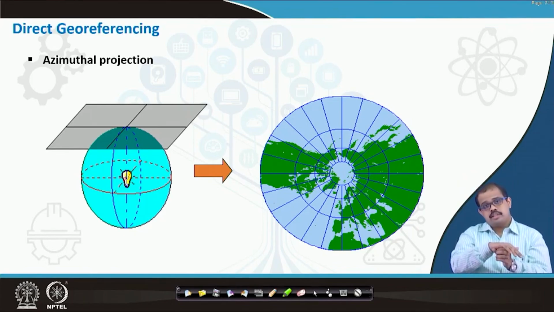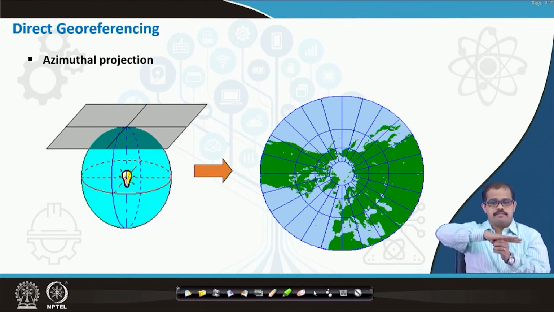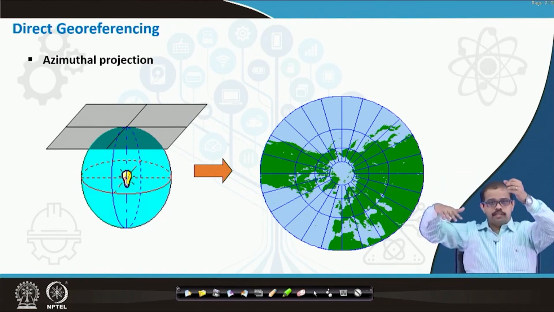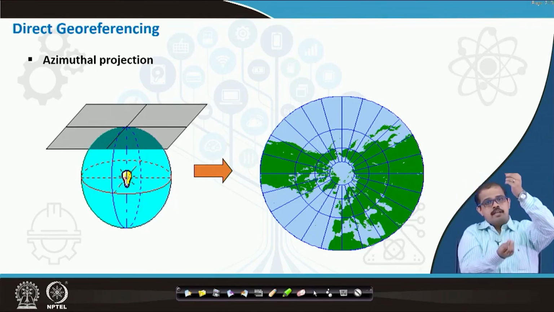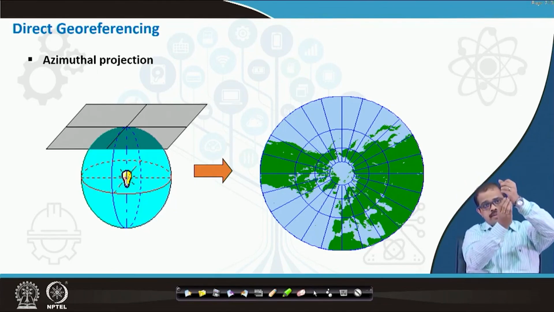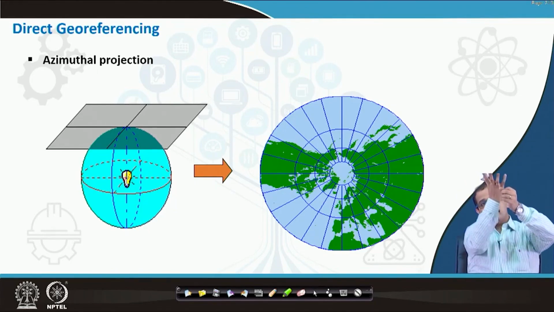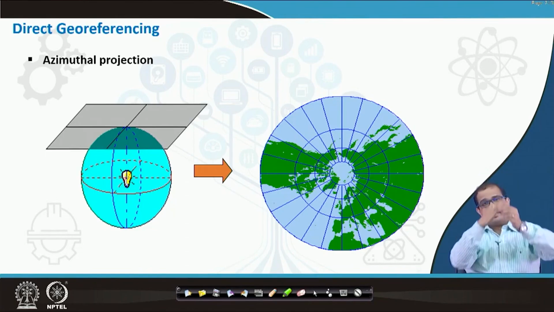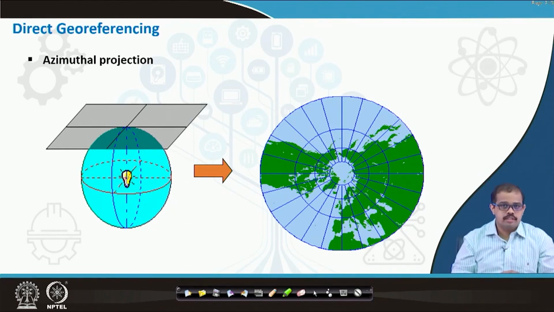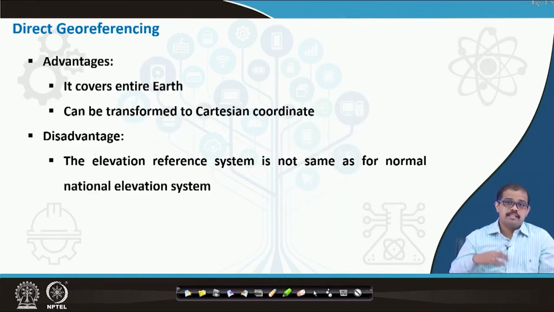Whatever projection you see is the projection from that point on the earth surface. For example, if this is your earth surface and you have kept a paper like this, put a light across like this. Now with this light, the entire earth is projected on the paper. That is nothing but your azimuthal projection. Okay, so you have three types of projections. You looked at cylindrical, conical, and azimuthal projections. We will look at certain more details about all of these projections.